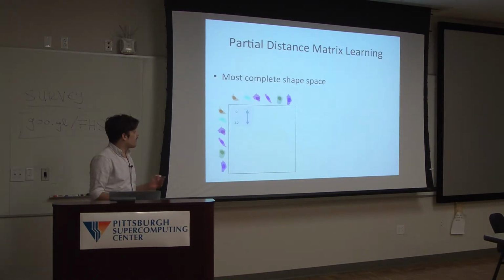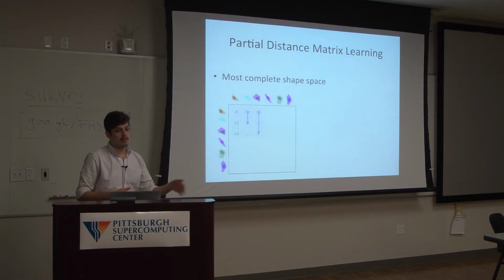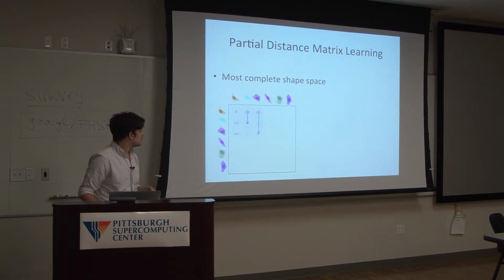So what we have currently implemented in Cell Organizer is to go down the columns of the matrix to give you a complete shape space, to allow the user to get the most complete shape space for whatever time you've committed to computation.